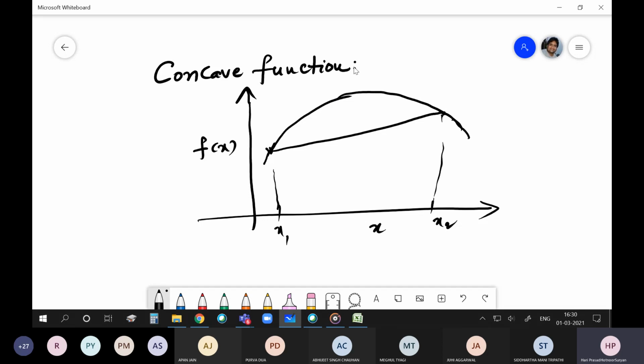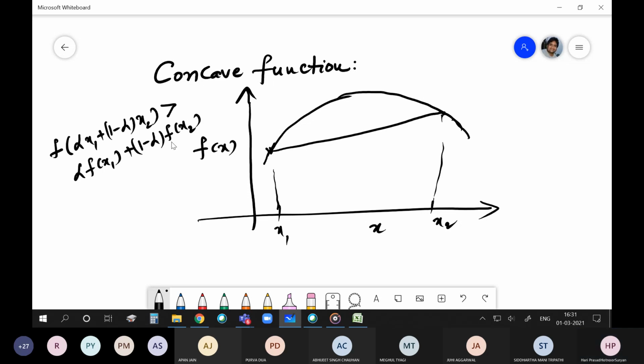So what will be the criteria for that? We can write f at alpha times x1 plus 1 minus alpha times x2 should be greater than alpha times f of x1 plus 1 minus alpha times f of x2, isn't it?